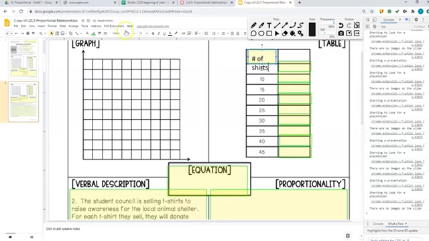I'll just make that text smaller so it fits. I guess I need to highlight it before it. And we can put another one here, donations.